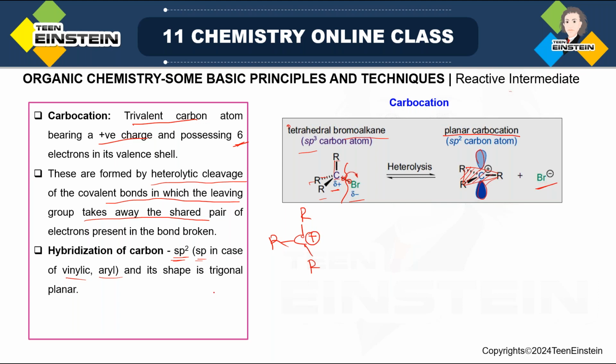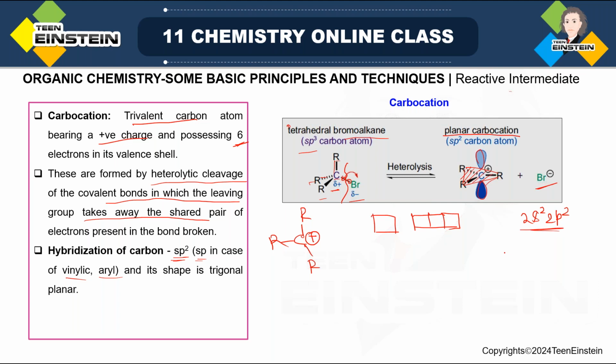Now sp2 hybridization, how can we understand it? We know under normal conditions, carbon has 2s2 2p2 configuration, right? Total 4 electrons will be there. But here I am talking about only the valence electrons of carbon.